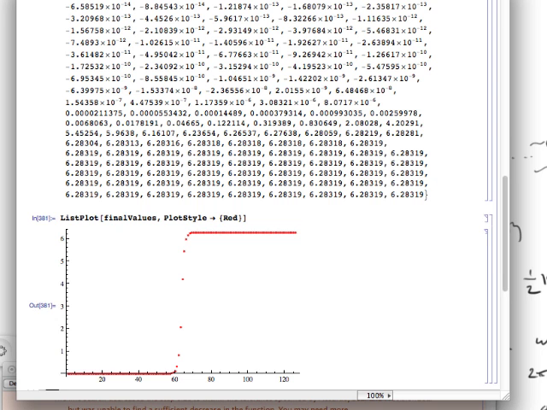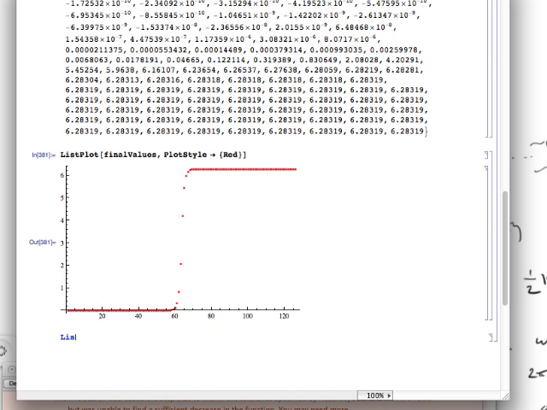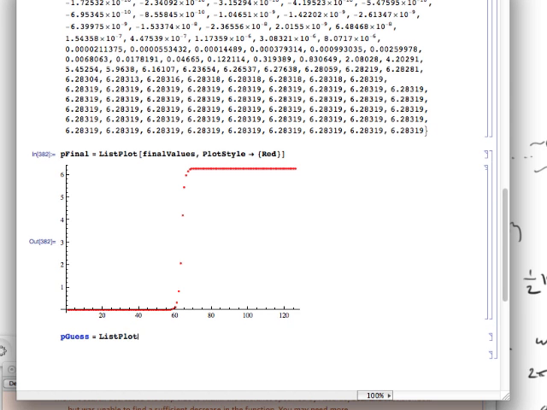Okay, and then I can compare it to, let's see, let me give this a name. I can compare it to a list plot of the initial solution with different widths.